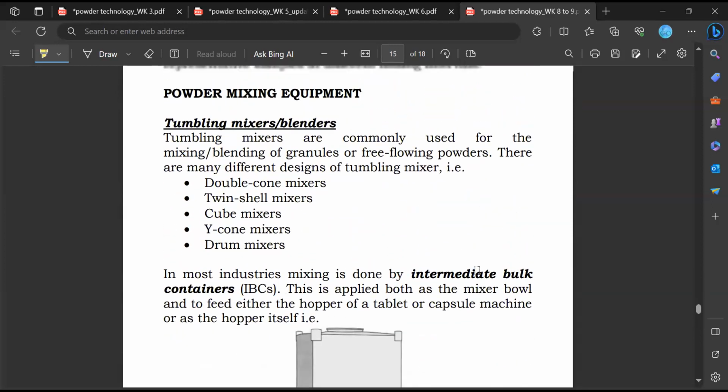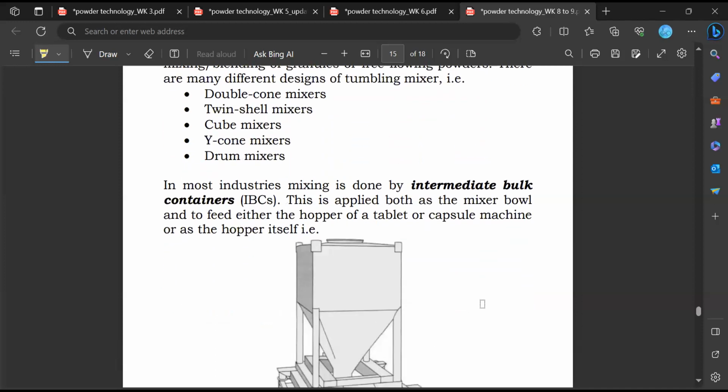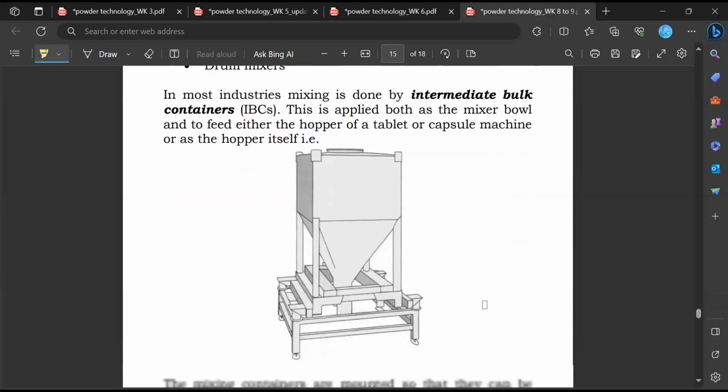So for powder mixing equipment, there are different equipment that are used, like the tumbling blenders, of which there are different types, such as the double cone, twin shell, cube, Y cone, and the drum mixers. In most industries, the mixing is usually done in intermediate bulk containers.